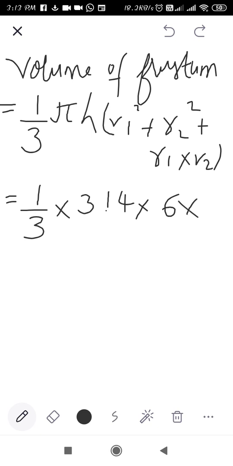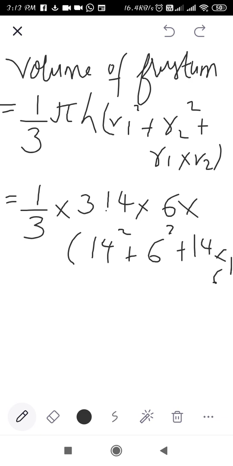Next into r1 square, that is 14 square, plus r2 square means 6 square, plus r1 into r2, that is 14 into 6. Okay, now 3 ones are 3, 3 twos are 6.